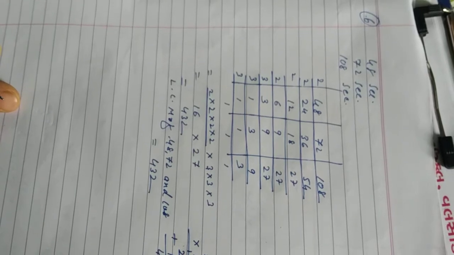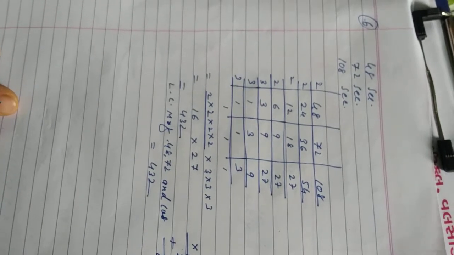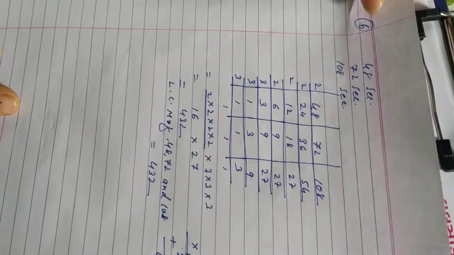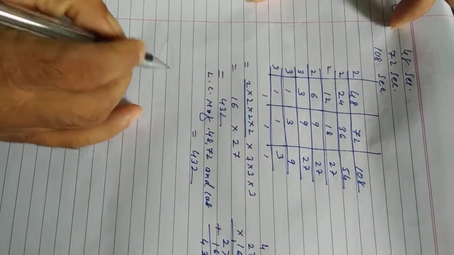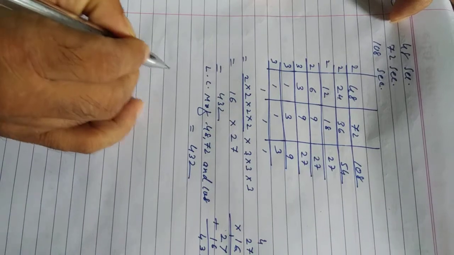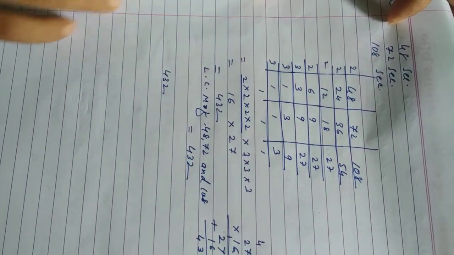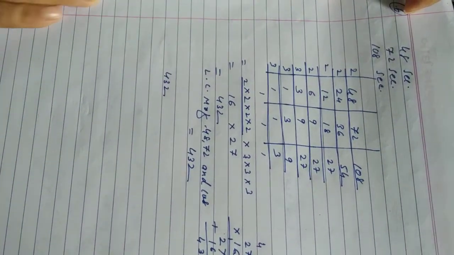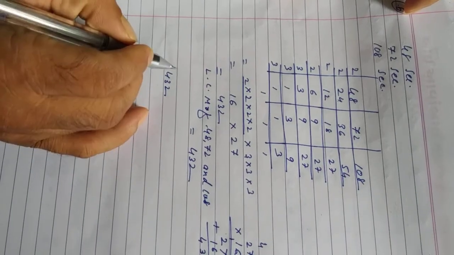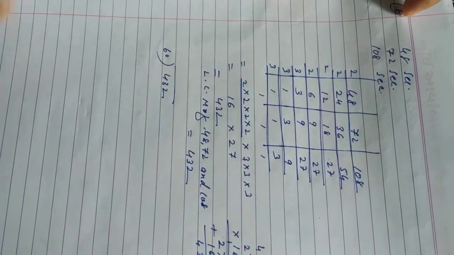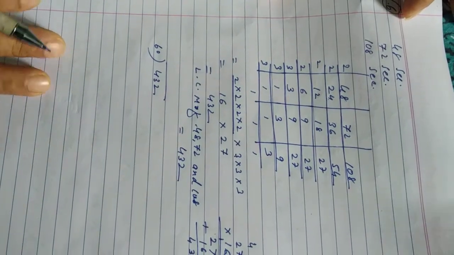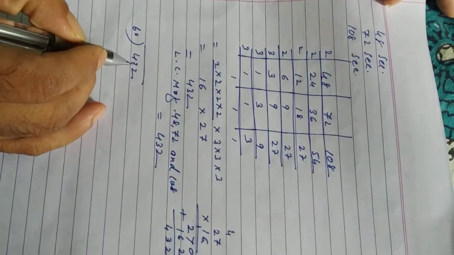Now what we have to find out: if the lights change simultaneously at 7 a.m., at what time will they change simultaneously again? So what we have to do, we have to divide it by 60, because 1 hour is equal to 60 minutes and 432 is in seconds, right?